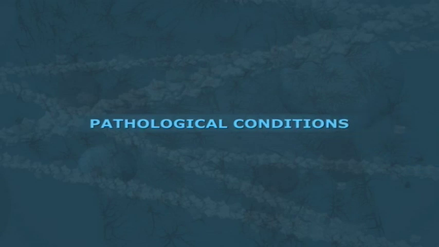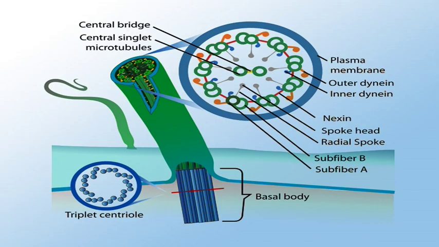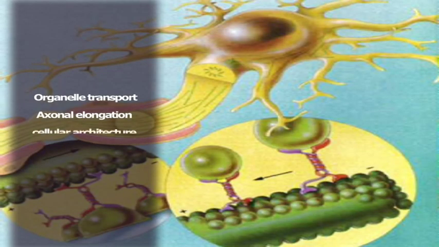Pathological conditions. Let us study the abnormal condition that occurs in association with dysfunction in microtubules. As discussed, microtubules are a component of the cytoskeleton and play a central role in organelle transport, axonal elongation, and cellular architecture, especially in neurons.